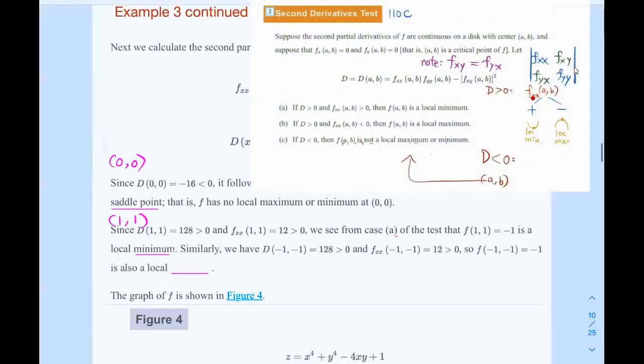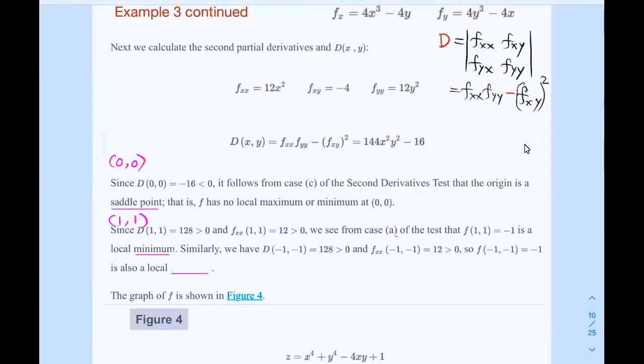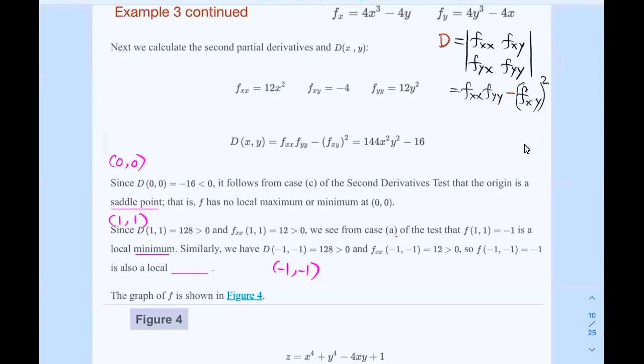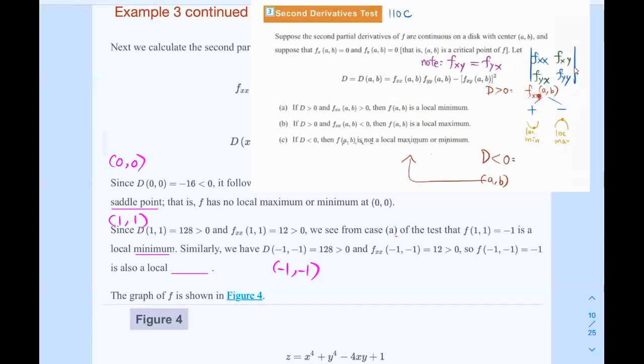Similarly, the last critical point is -1, -1. And D is greater than 0 and fxx is also greater than 0. So the function value at -1, -1 is a local what? Both D and this are going to be positive, then it is the first case, right?